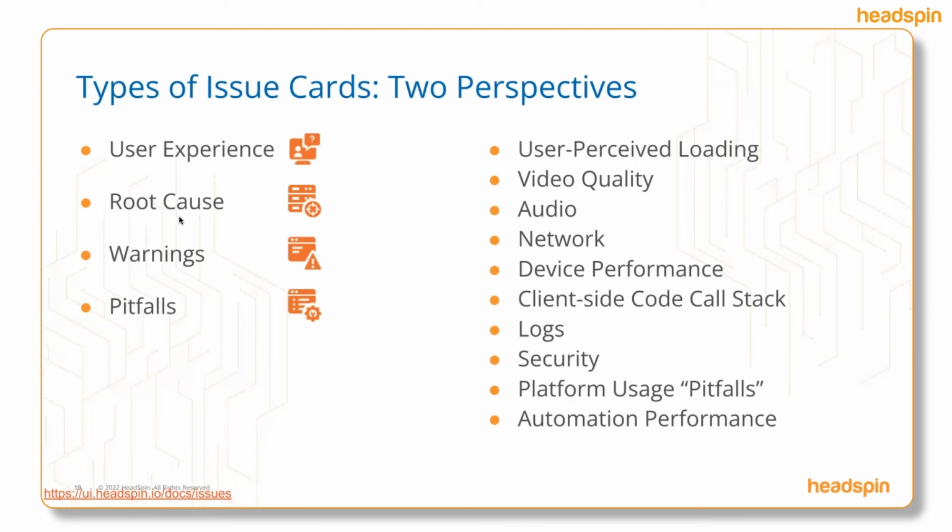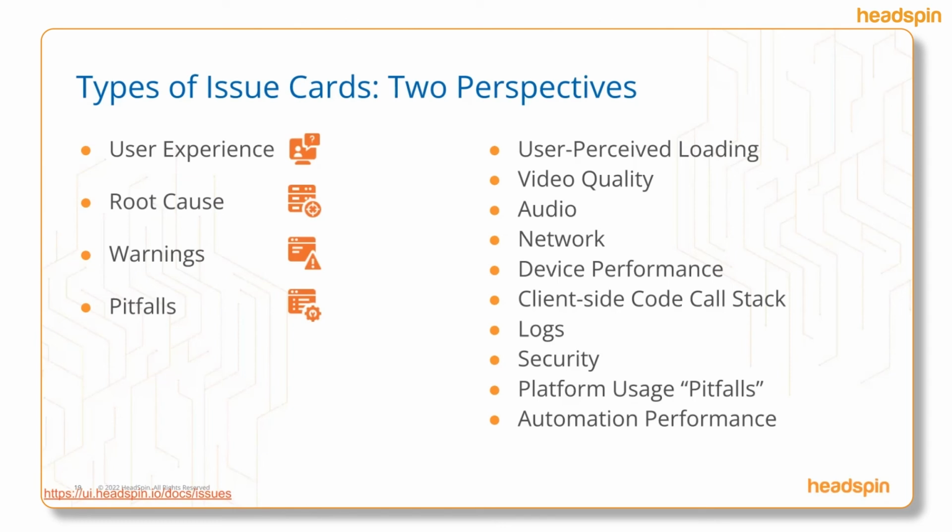We also surface root cause issues, which are part of that technology stack that contributes to or creates that experience. So these are issues that the user can't observe directly, but that can be the root cause or the origin of these user experience issues. We also surface warnings. In the case of warnings, these may not directly contribute to user experience or performance issues, but they may be concerns that could be worthwhile for the developer to take a look at.